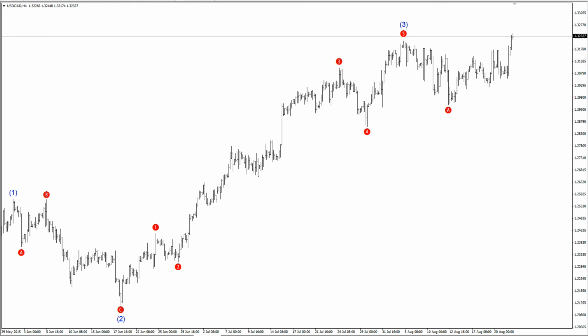I'm not looking for this to go much higher, and I'm looking for this to turn down to complete the minute wave 4 correction, and then we have one more larger wave to the upside on this pair to look for. So this will give good trading opportunities.